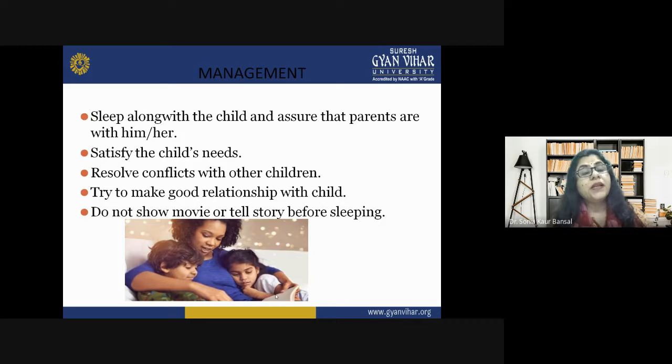Try to make good relationship with child. The child must miss you, child must love you, give proper affection. Do not show movie or tell story before sleeping. This is the worst idea that any parent can do. Rather, parents must actually talk to child about his day activity and can guide.